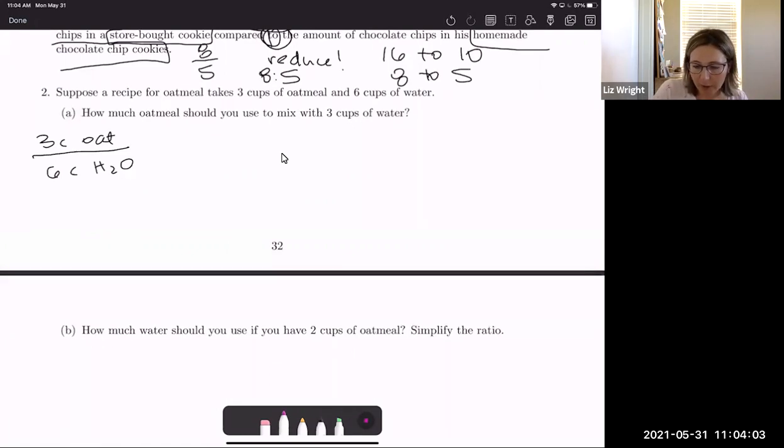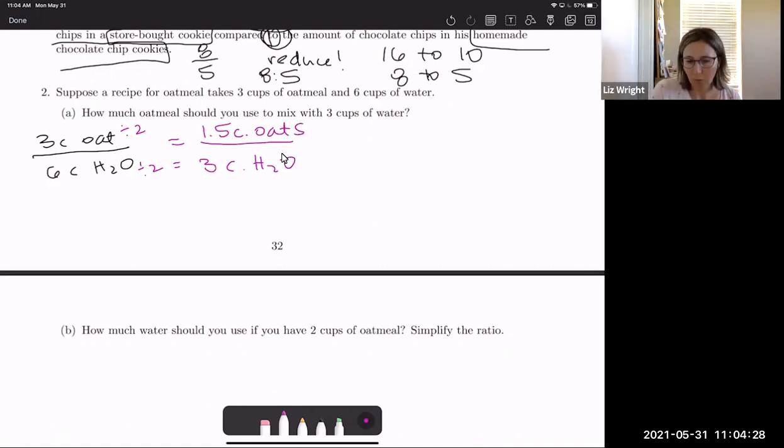So the question becomes, I'm doing 3 cups of water. And some of you could look at this and say, oh, I'm just taking half of it. So 6, if I divide that by 2, gives me 3. So now we're going to divide this by 2. And that's going to give me 1.5 cups of oats.